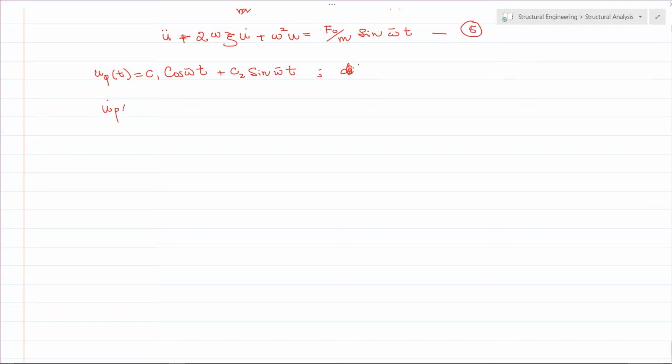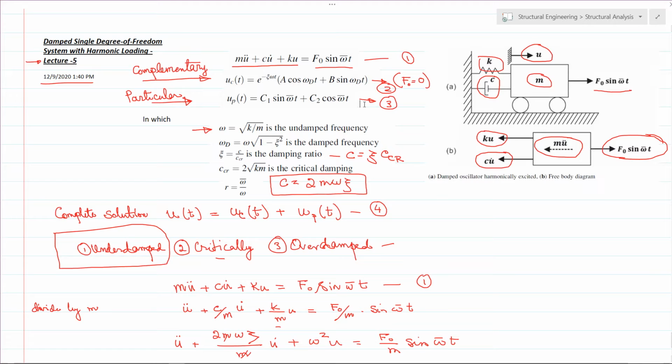First derivative u p t dash. Oh, one mistake we did.